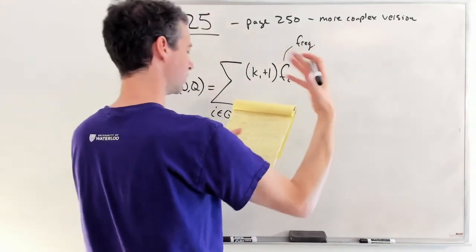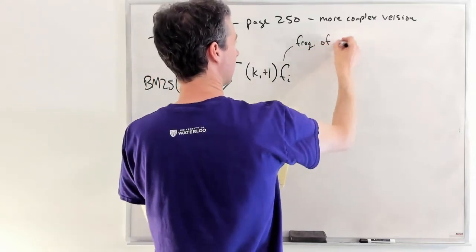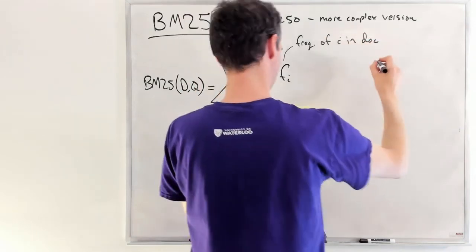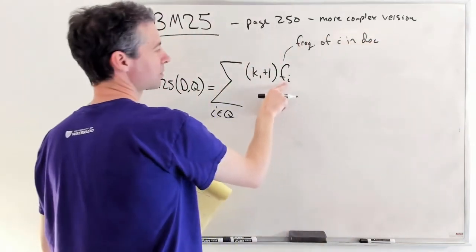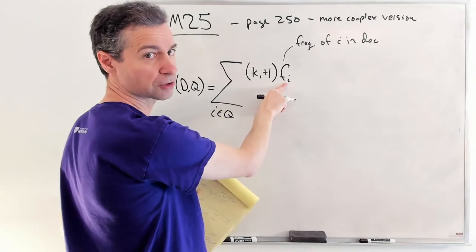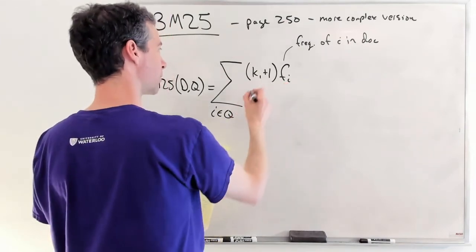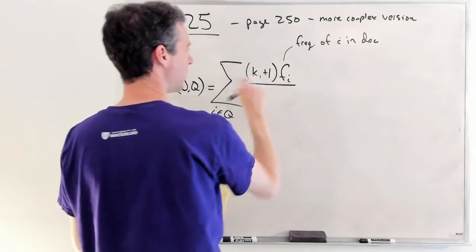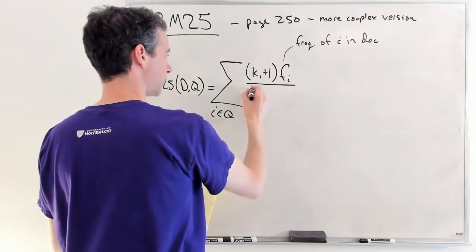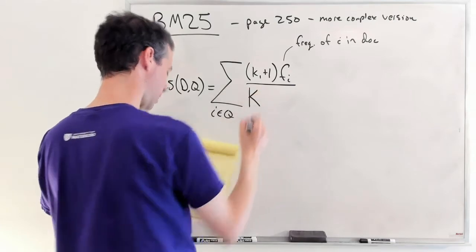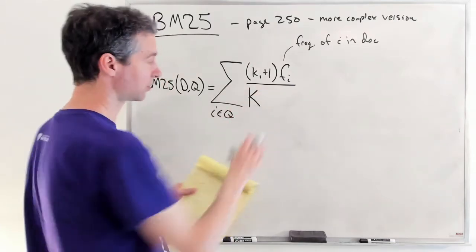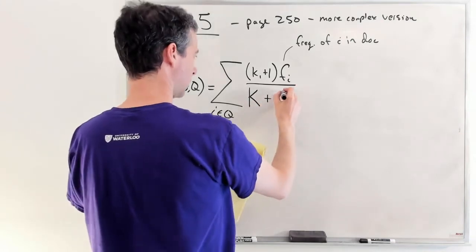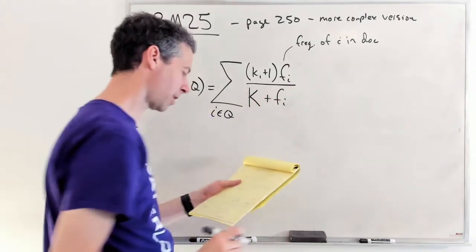So this is the number of times of word i in the document D. All right, so this is our notion of term frequency. Okay, so this is the frequency of the word i in the document. I'll come back to what these constants are. Then we have a big K. It's going to turn out that this big K is actually a function, not a constant, plus f sub i.